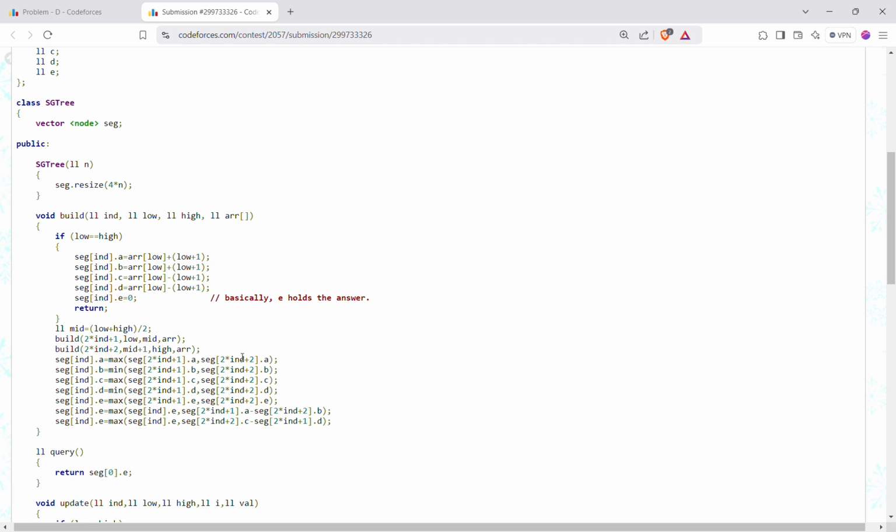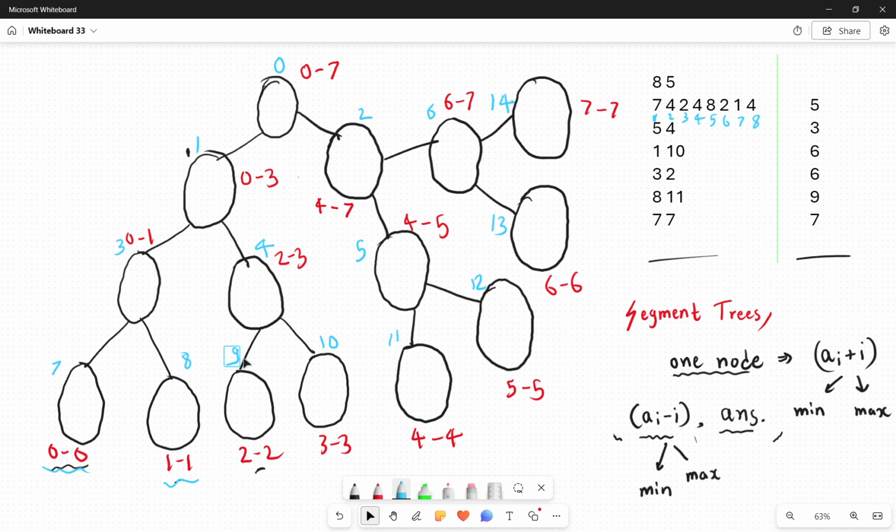Here a is basically the maximum of ai plus I. Firstly we will store the maximum of this, then we will store the minimum of that. So let me change this: firstly we'll store the maximum and we'll store the minimum afterwards.